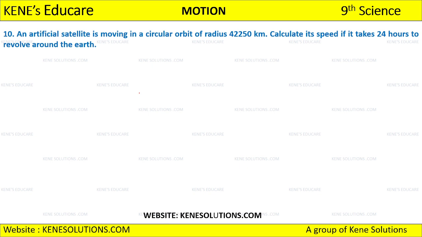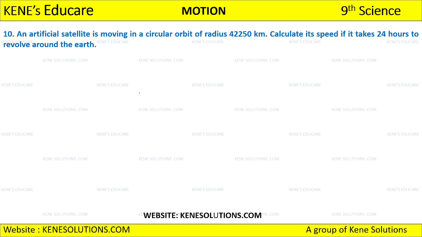Okay. Now we have the 10th question. An artificial satellite is moving in circular orbit of radius 42250 kilometer. Calculate its speed if it takes 24 hours to revolve around the earth. So the radius is given as 42,250 kilometers.